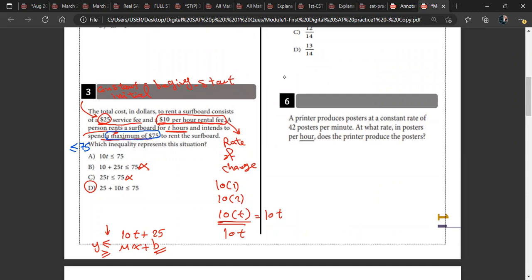If he tells you a minimum of $75, it will be more than or equal to, like at most and at least. So you have less than or equal to 75 here, and here you have 10t plus 25. This is the answer.